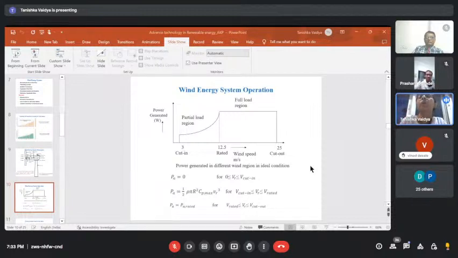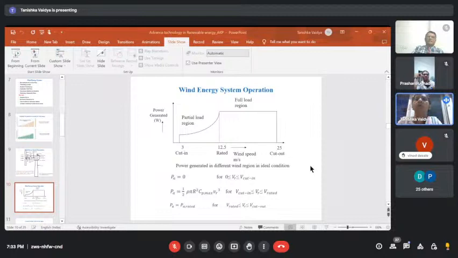These are the approximate statistics. Below 3 meter per second wind speed, the wind turbine should be stopped because it generates energy below economic level. Then between 3 to 12.5, with full automation, the wind turbine will be run with optimum output.